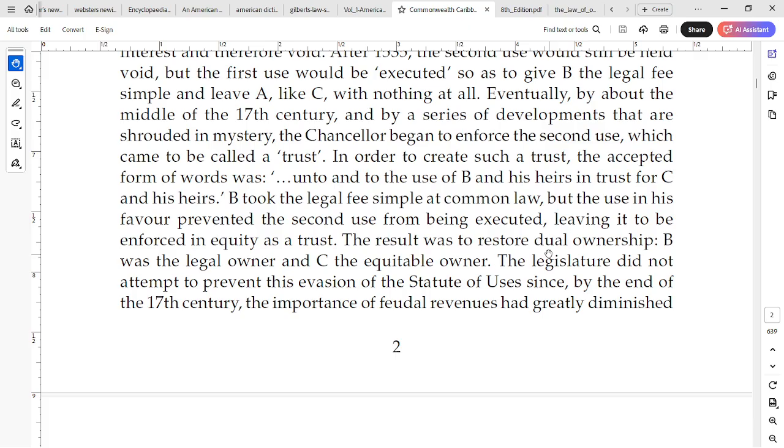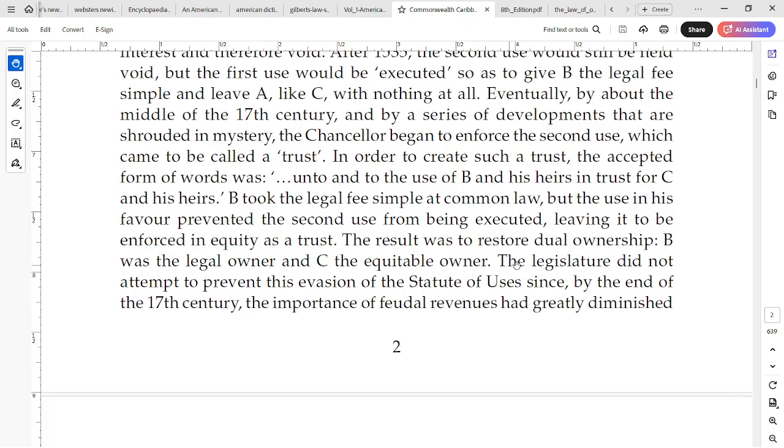It merged equitable and legal title into one party, and ownership is responsibility and ownership is liability. So what the Statute of Uses did, it created one title. So the result of the trust was to restore dual ownership. B was the legal owner and C the equitable owner.